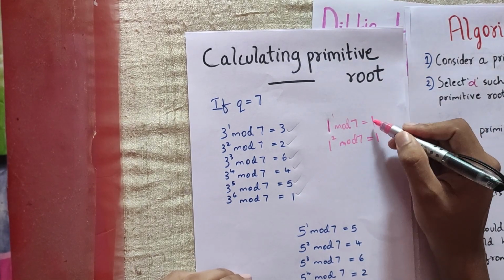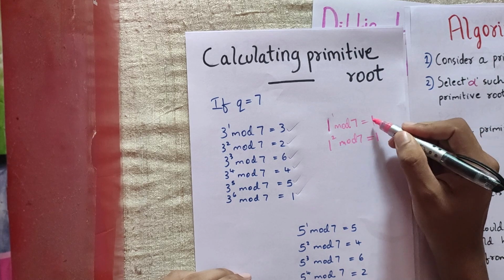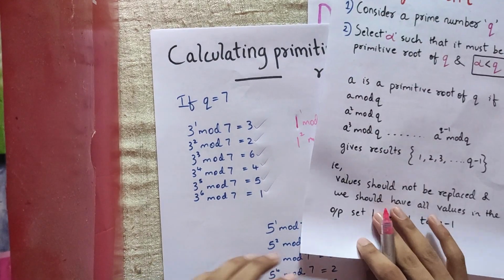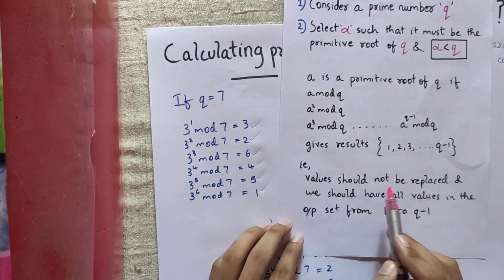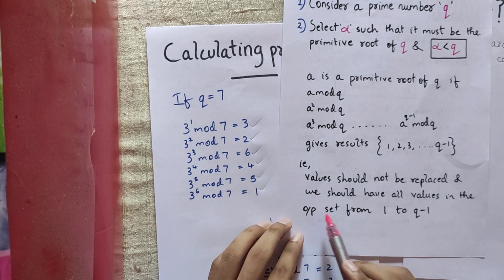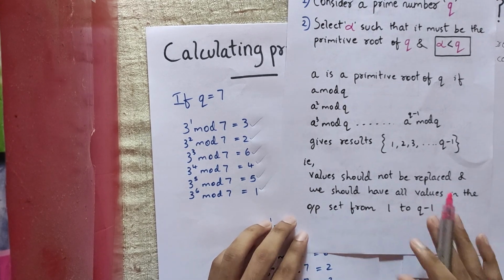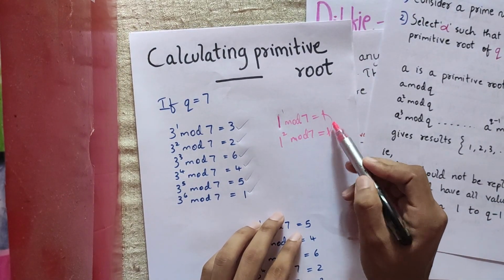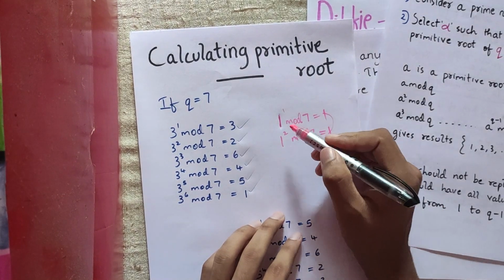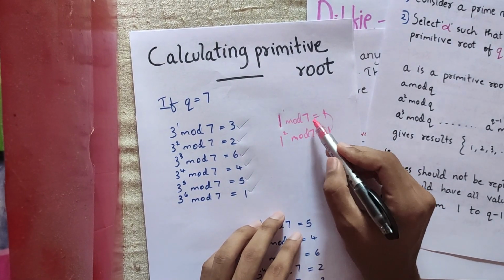So here the condition is not satisfied. The values should not be repeated, and we should have all values from 1 to q minus 1 in the output set. Here we get the same values, so the condition is not satisfied. That means 1 is not a primitive root of 7.